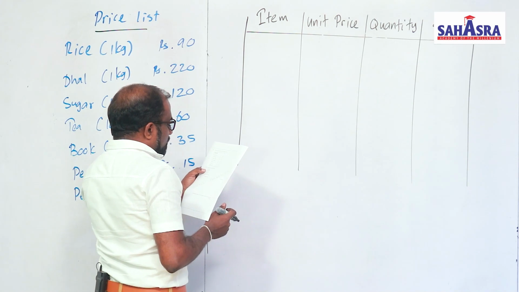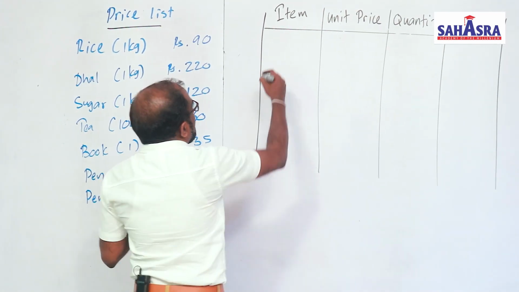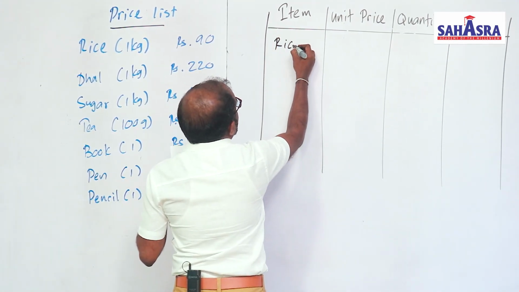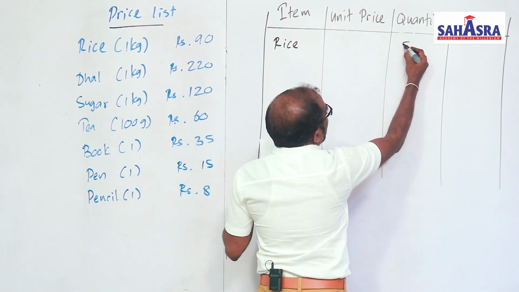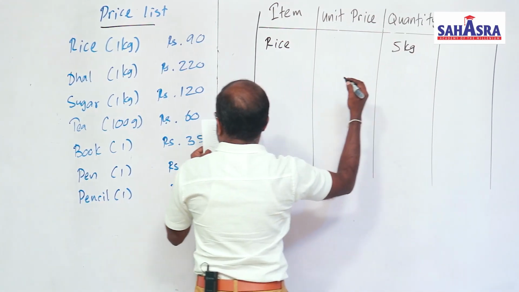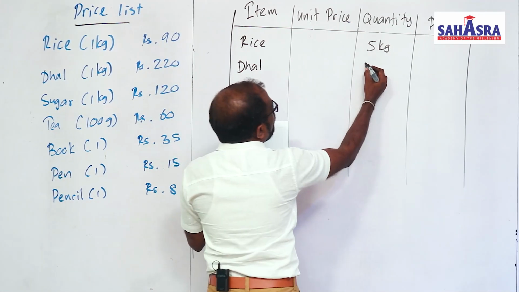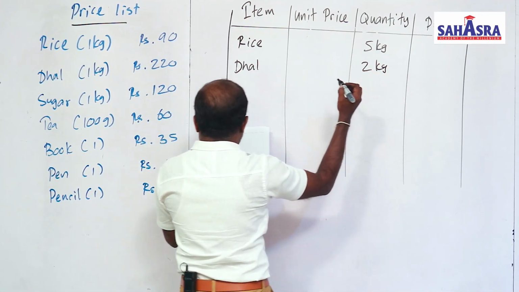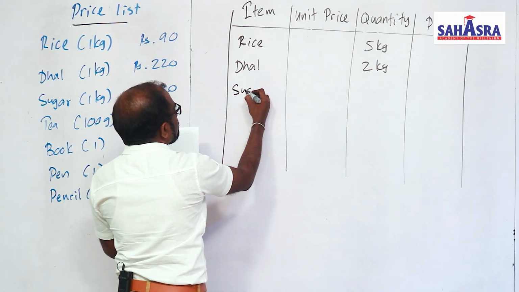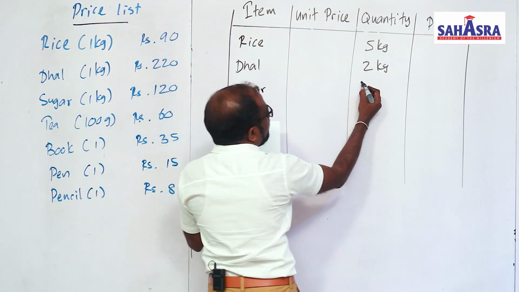So someone went to the shop and bought 5 kilograms of rice. So rice, quantity 5 kilograms. Dal, 2 kilograms. Then sugar, 500 grams.